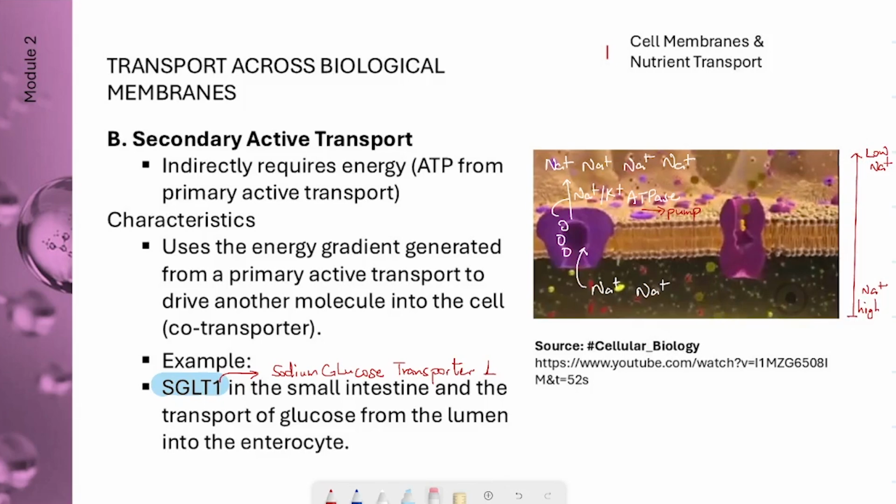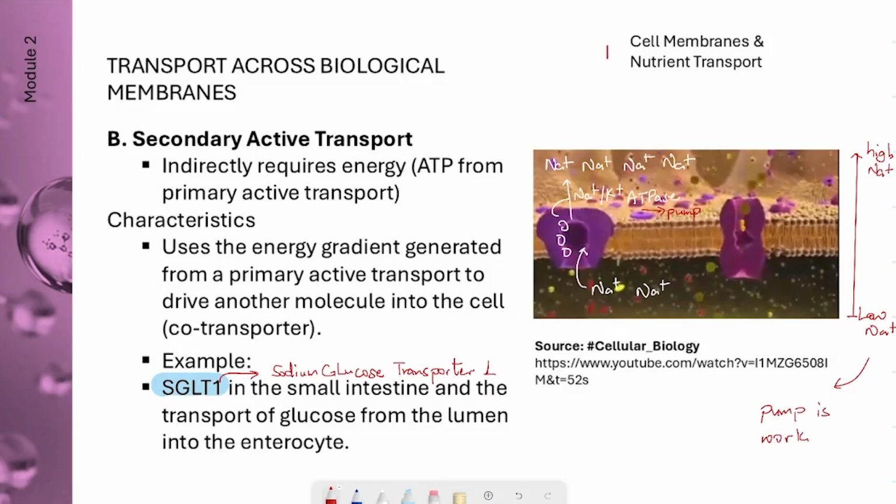Okay, so moving very fast, you can already see that sodium has been pumped from the cytosol, and now you have more sodium in the extracellular space. So as a result of the action of the sodium potassium ATPase, you now have in the extracellular space high sodium and you have low sodium inside, because the pump is working, right?